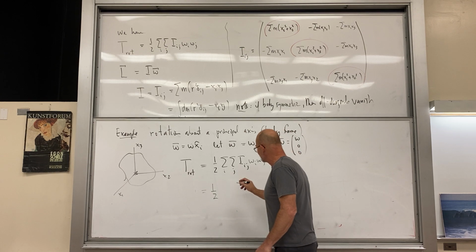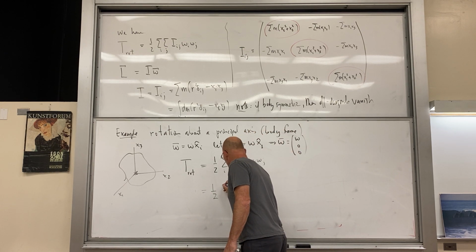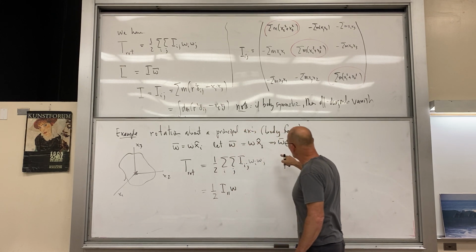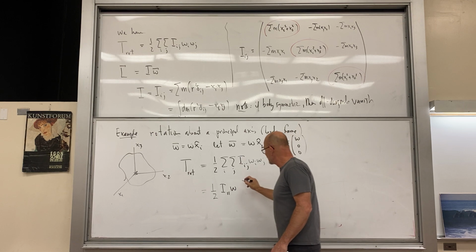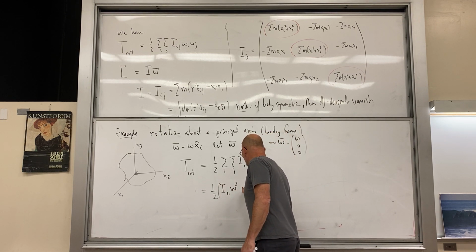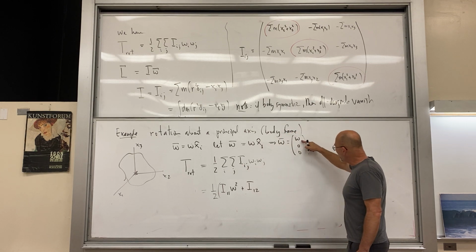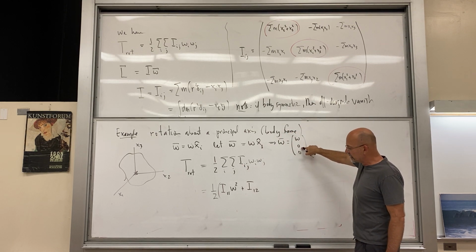So what do we have? We have I11 omega 1 squared plus I12 omega 1 omega 2. So that's 0.